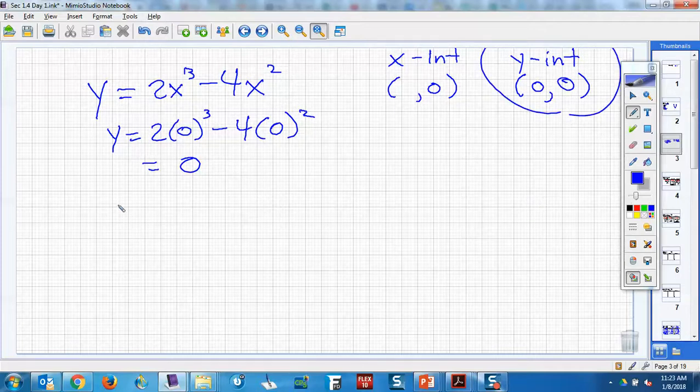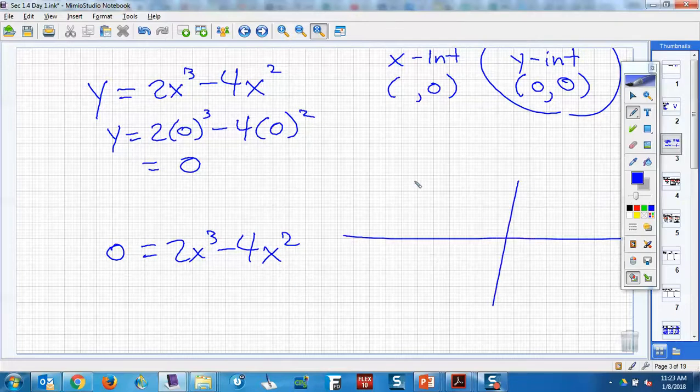The x-intercept, we put a 0 in for y. So we get 0 equals 2x cubed minus 4x squared. Now this is why you might have seen the warm-up that I had up here. We're going to do it in a minute. Because when you have to find an x-intercept, and to be honest with you, on most graphs, as you'll find in calculus and even this year, we're way more interested in the x-intercepts than the y-intercepts.